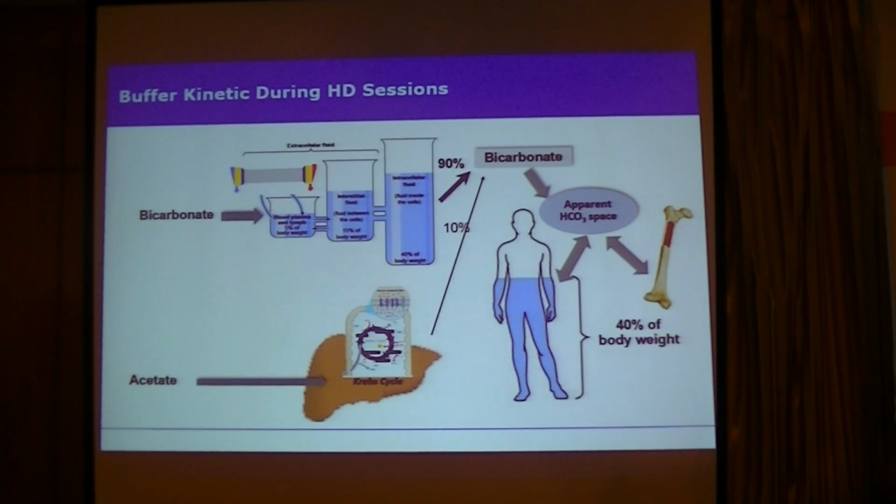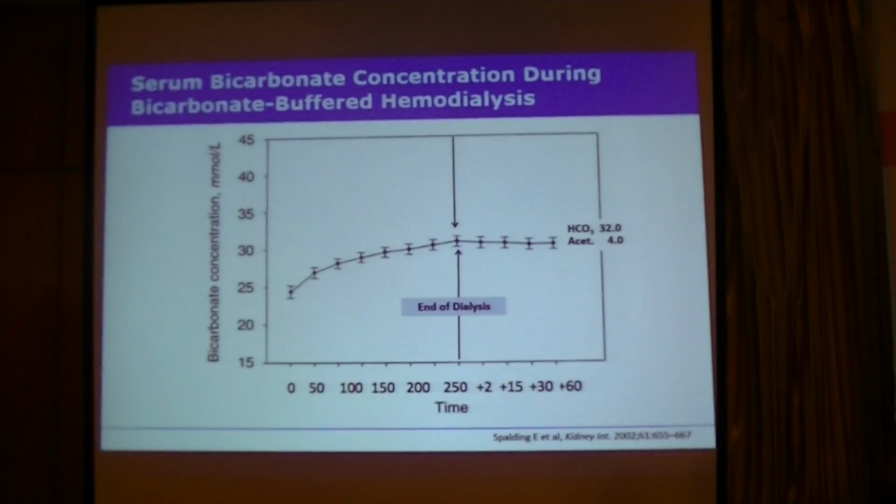So there is a sort of distribution which is not clear, but if you want to make an assumption about the amount of bicarbonate that you need to bring to your patient, take 40% of the body weight, and you are not far from the reality. But you have to understand, it's not only the bicarbonate, but also the fraction coming from the acetate is part of the game to understand the kinetics of the bicarbonate.